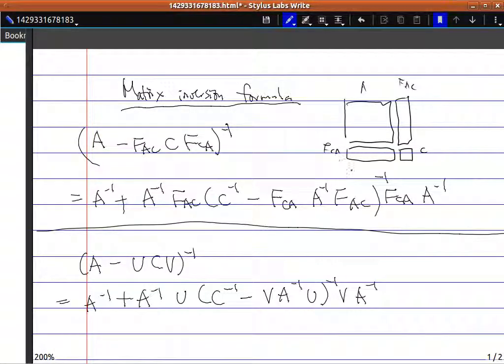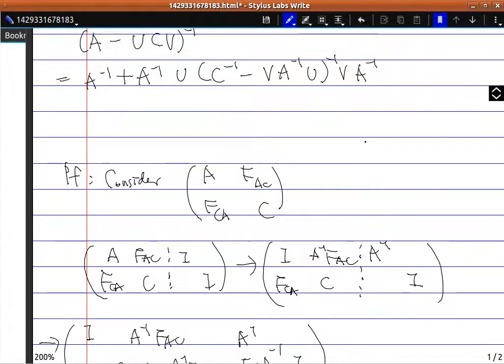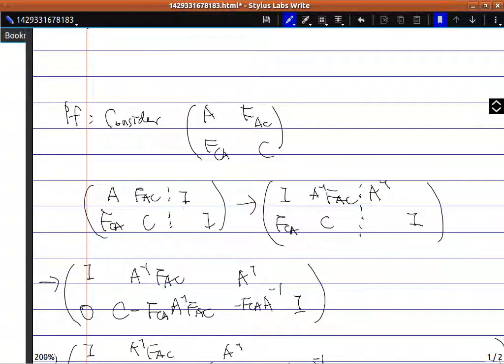It's like putting a puzzle together to form this bigger matrix, and then consider the inverse of this big matrix. I can compute the inverse using the standard Gaussian elimination technique.